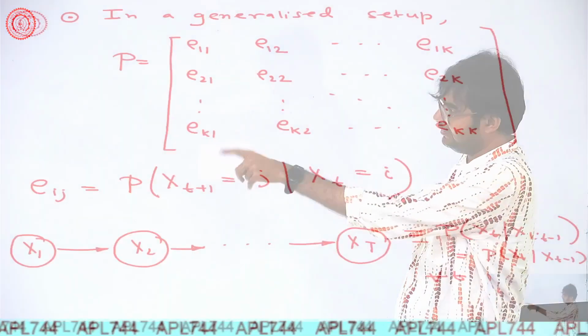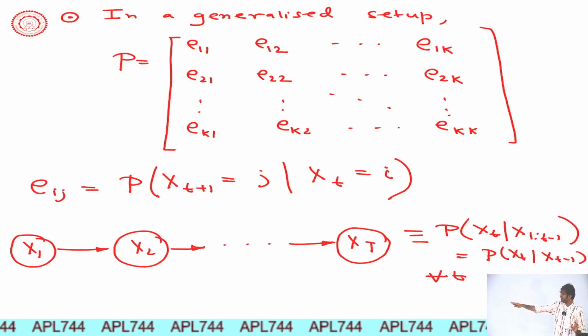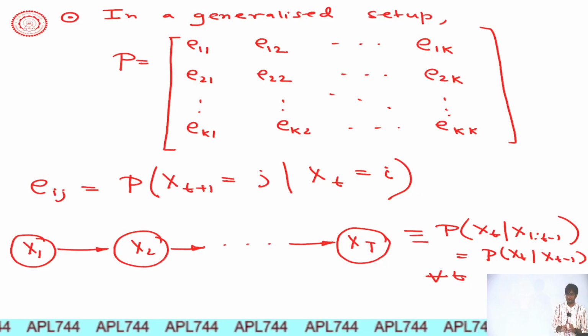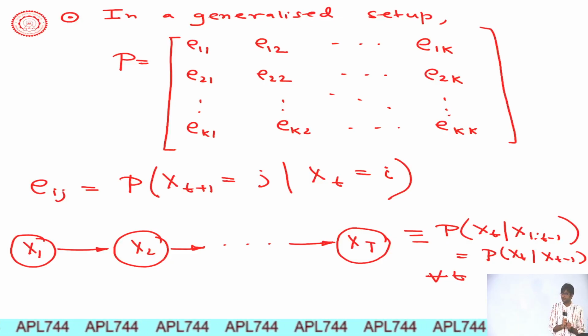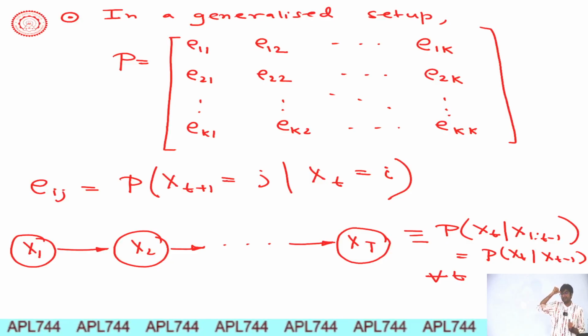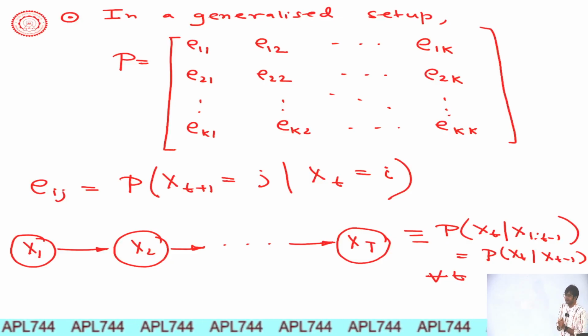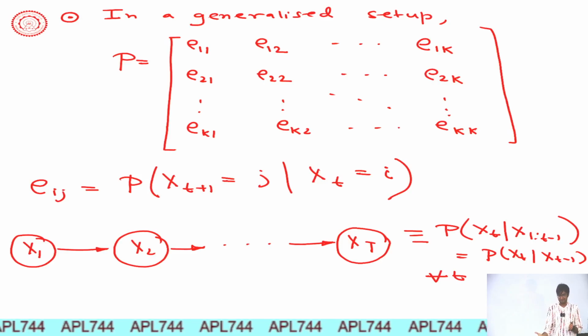So, whatever is shown in the diagram on the left means this equation on the right: only your previous state is needed to predict the next state. Given that you know your previous state, everything else is conditionally independent.